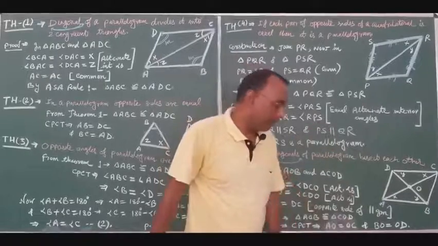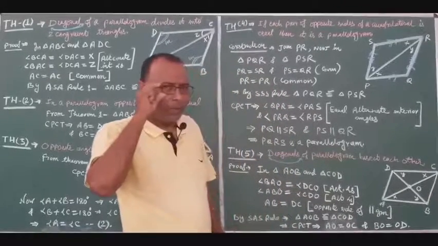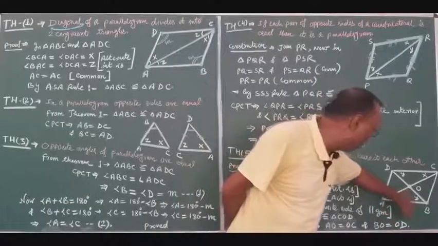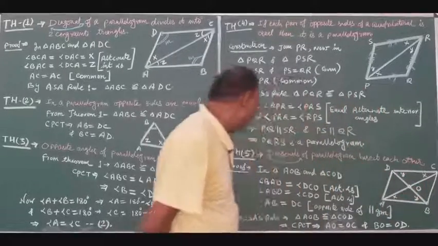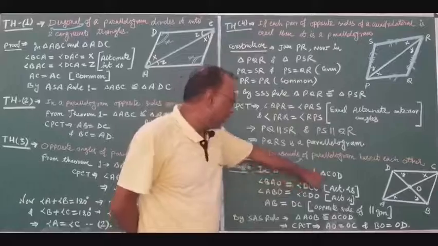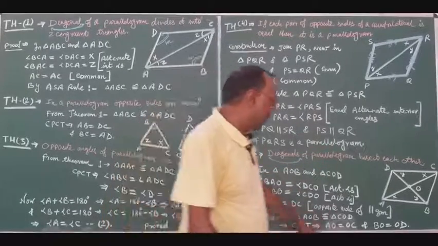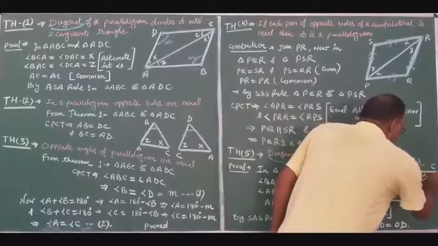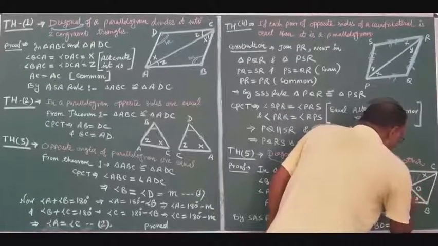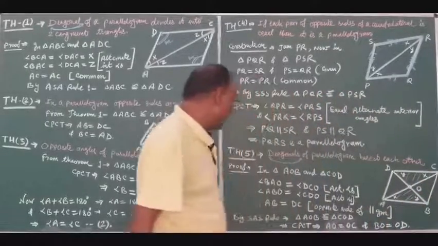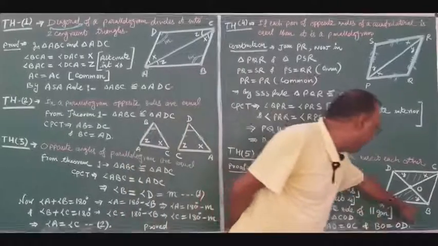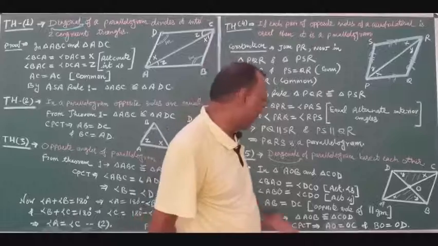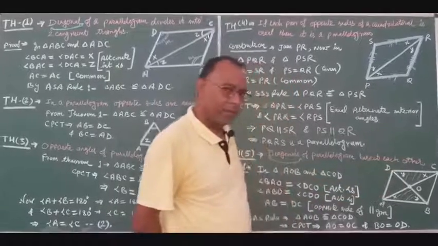So now just look here. We can take triangles AOB and COD. In triangles AOB and COD, look at this triangle. Angle BAO is equal to angle DCO because they are alternate angles.